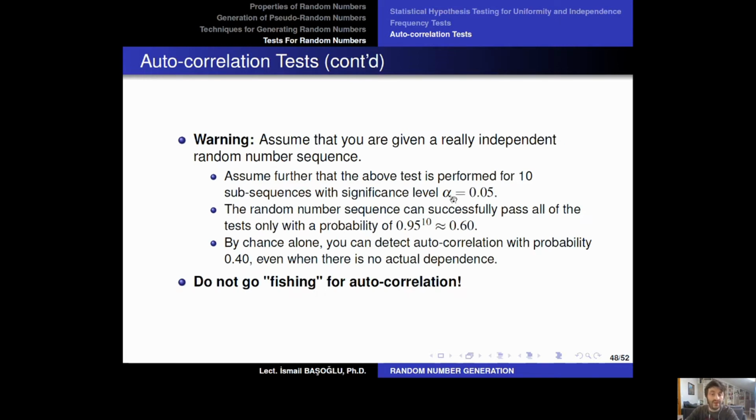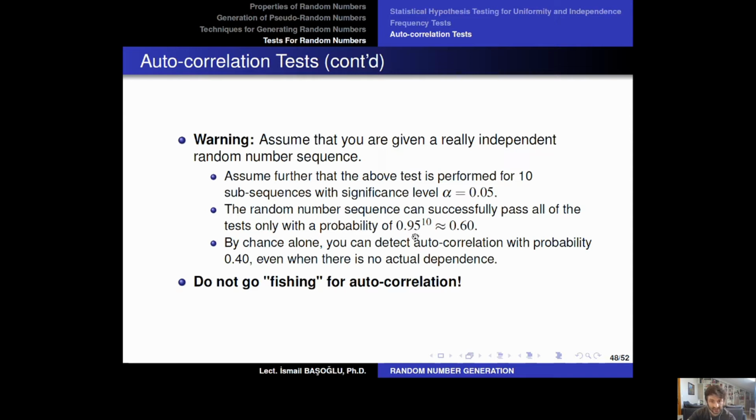And if you perform this hypothesis testing procedure for 10 subsequences, for all of them to fail to reject the null hypothesis is just going to have the probability of 0.95 to the power 10. Now, the probability that an independent sequence passes the test is 0.95, right?